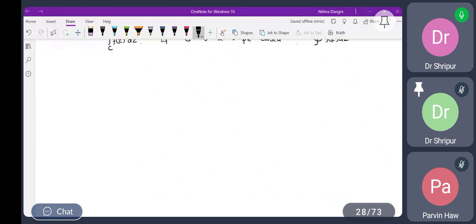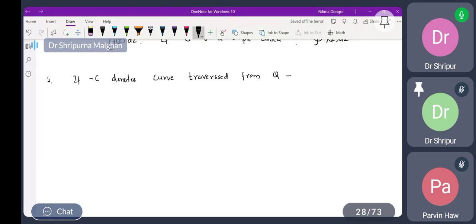First property, write on: if minus C denotes the curve traversed from Q to P in the opposite direction, that is, if you are moving from P to Q or from Q to P, so minus C is what I said. Then the integration over minus C of f of z dz is equal to minus the integration over C of f of z dz.